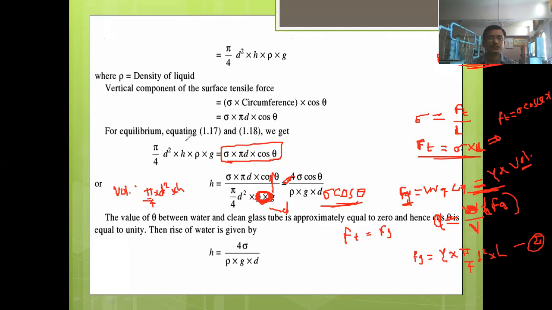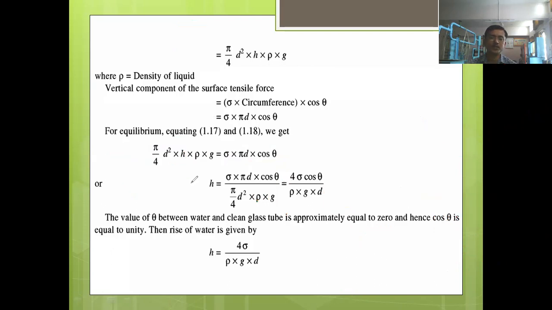Here pi by 4 d square h is nothing but volume. And here what we have written, gamma. Gamma is nothing but weight density. So instead of gamma, they have written here rho g. We know the relation between weight density and mass density, that is gamma is equal to rho into g. So after equating this, we can rearrange the terms to get the value of h.